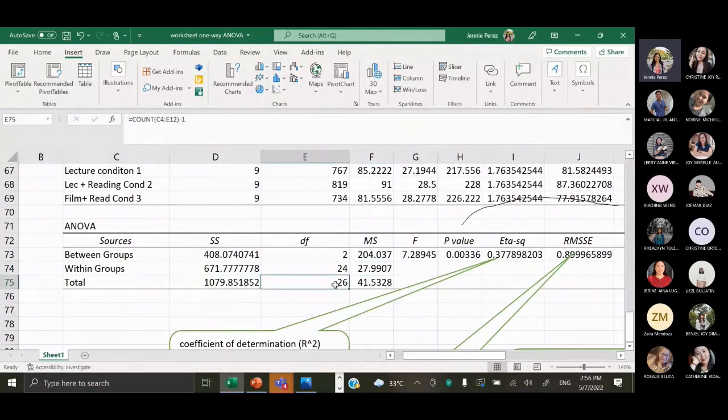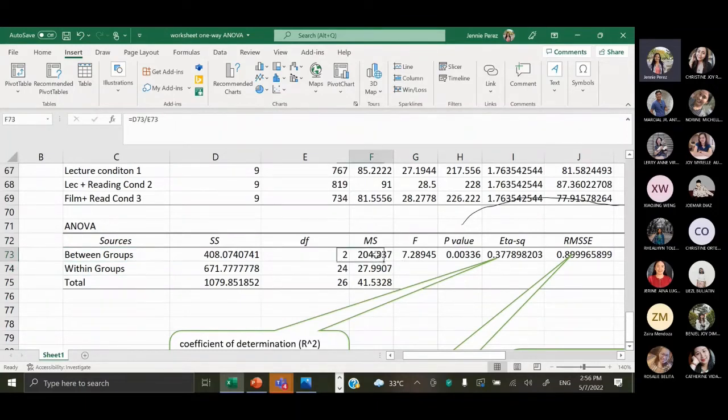The same thing also for the total: 1079 over 26, then you get 41.53. Now, this is the F value, or the F ratio, the ratio between the between groups and the within groups variation.